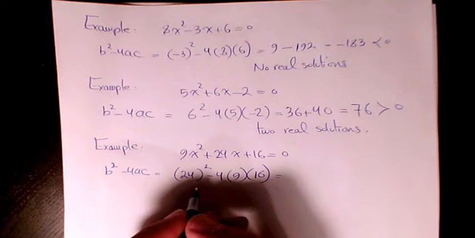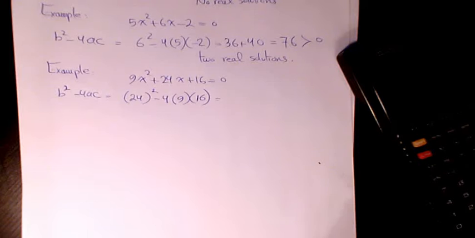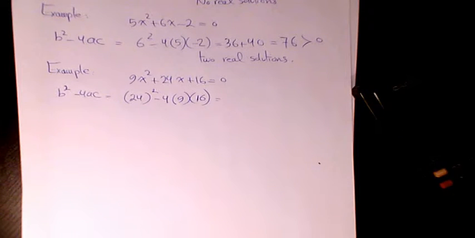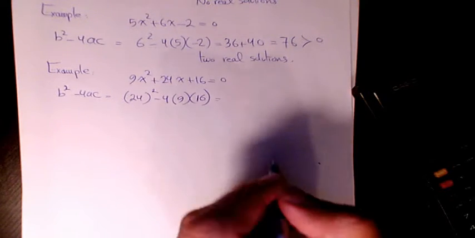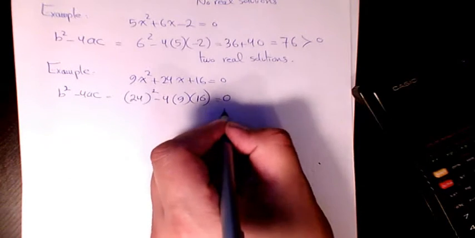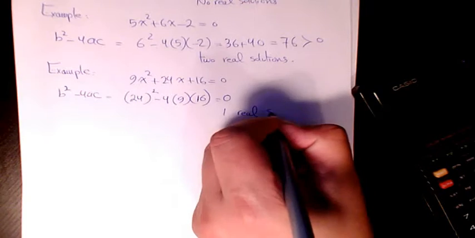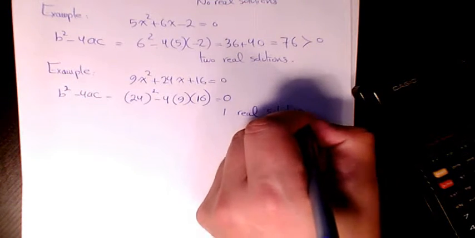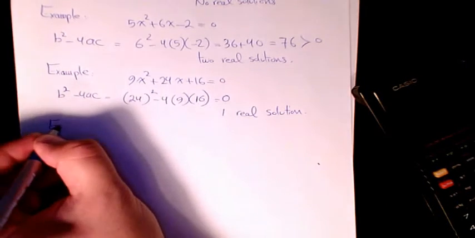That will be 24 to the power of 2 minus 4 times 9 times 16 will be 0. So we have one real solution. Next example.